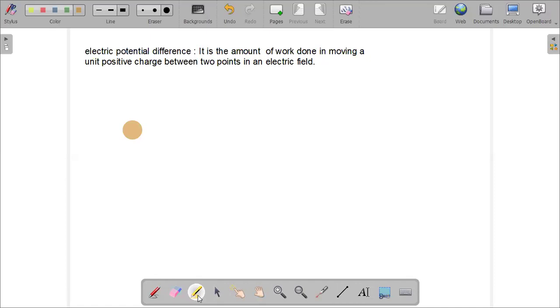Yesterday we tried to bring another charge from a point A to another point B. Let this be our point A. This is the location of the charge Q. Here it's the plus Q charge which is located here. And here, this is point A, this is point B, where we had the test charge Q naught.